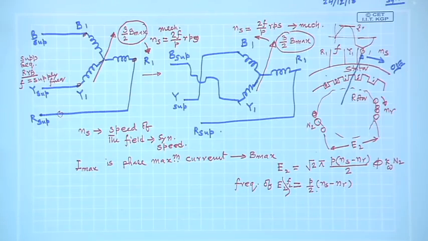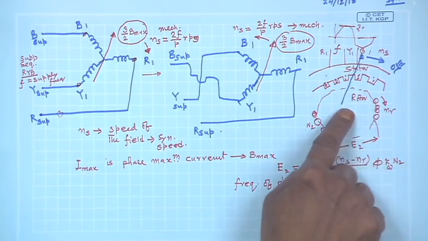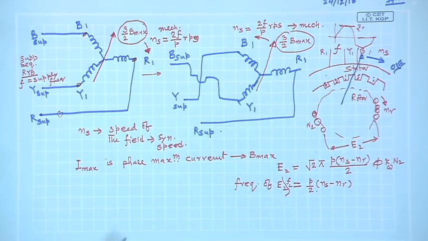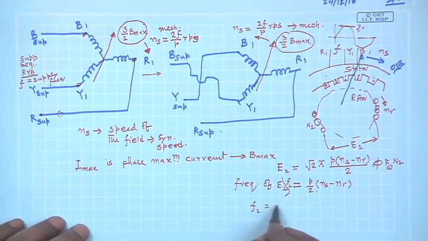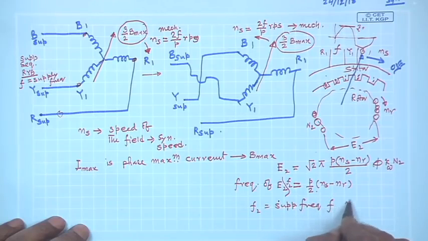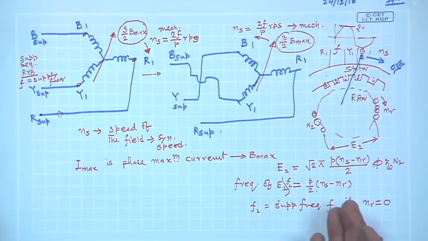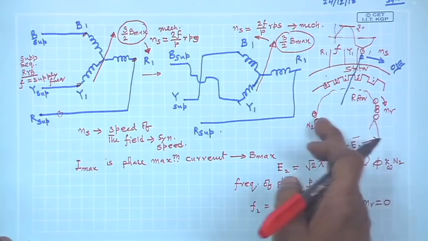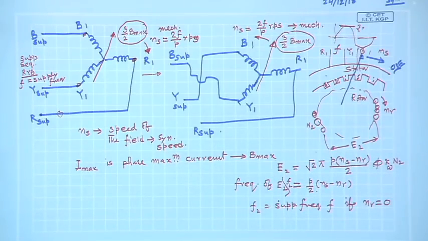If Nr happens to be 0, that is, you do not allow the rotor to rotate, then of course F2 will be equal to the supply frequency F. That is true, but if it is not, then the frequency of the induced voltage will be different. We have looked at the transformer: you energize the primary winding with frequency F, the induced voltage in the secondary will be of the same frequency.